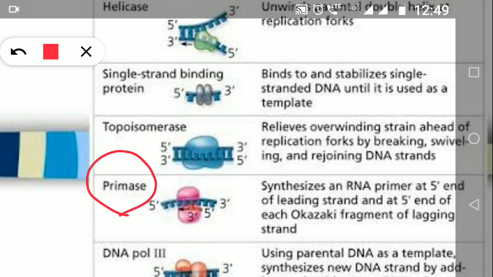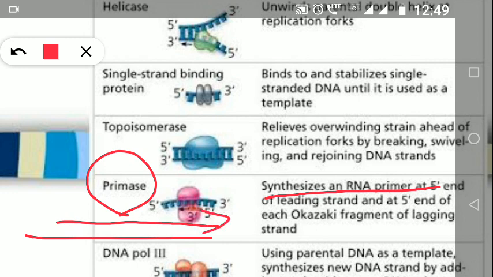Like DNA polymerase, the RNA primase synthesizes short nucleotide sequences of RNA, short RNA strands, RNA primers. So suppose this is the separated strand. Now the DNA polymerase cannot initiate the synthesis of a new strand on the old strand directly. It cannot start the synthesis, but instead it can elongate already existing molecules.